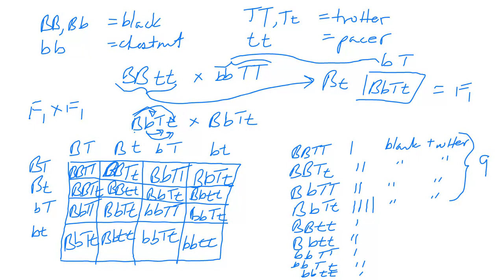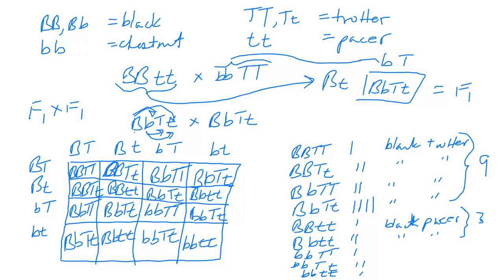They're all black trotters. Our next one is black pacer. Big B, little t is another black pacer. How many black pacers? 3.